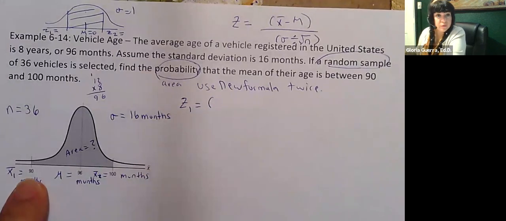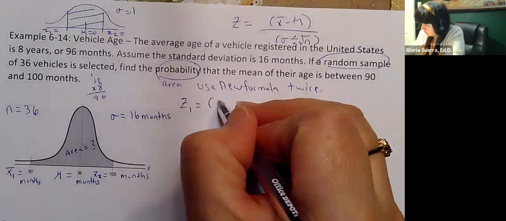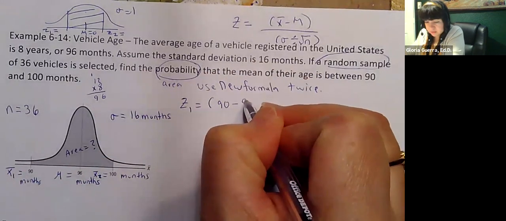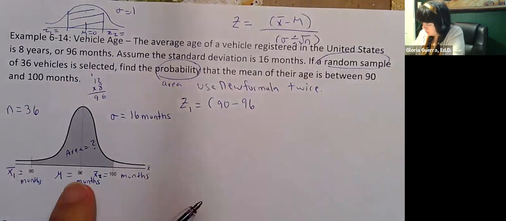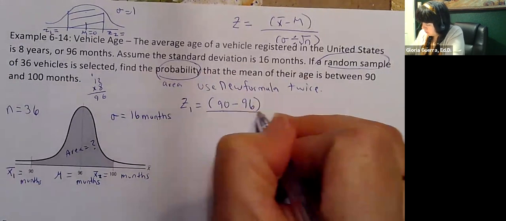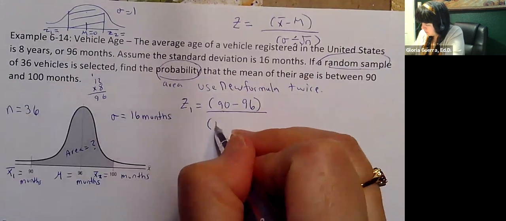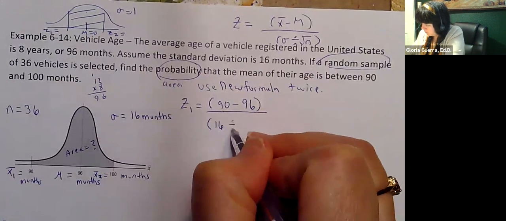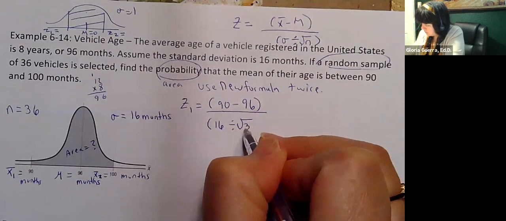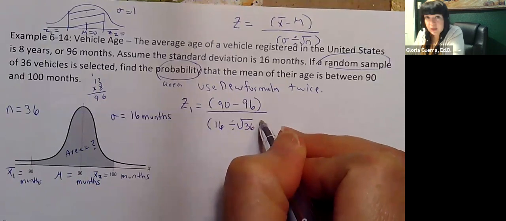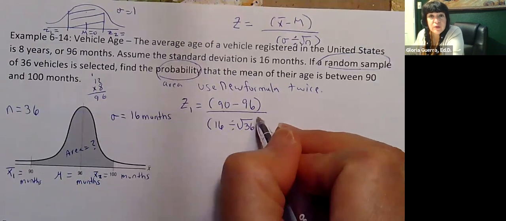In our formula, z sub 1 is equal to x sub 1. I'm going to do this one first. So that looks like 90 minus mu, which is 96, close parenthesis, divided by sigma, which was 16, divided by the square root of n, which was 36. Do you know the square root of 36 by heart?